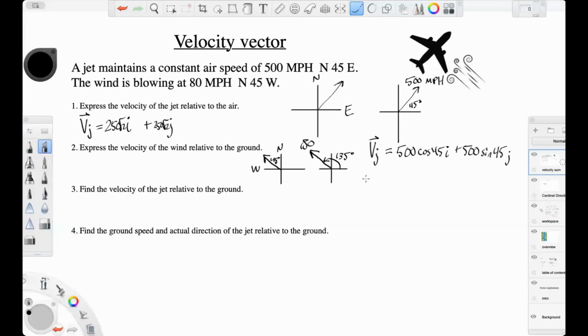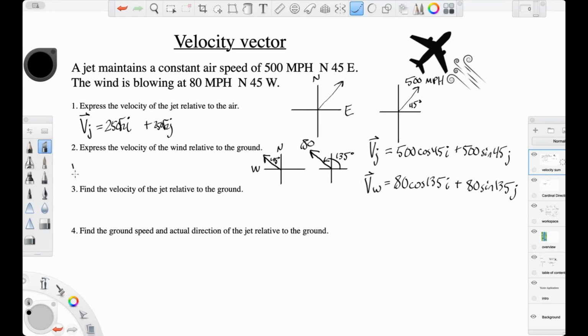So then we can say that the velocity of the wind is equal to this magnitude, 80, times the cosine of the angle, 135, for I, and then the magnitude, 80, times the sine of 135 for J. All right, cool. And then we'll simplify this.